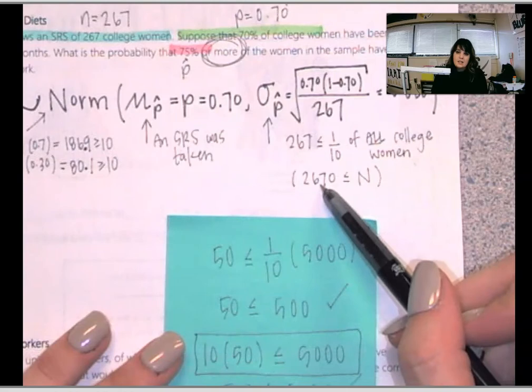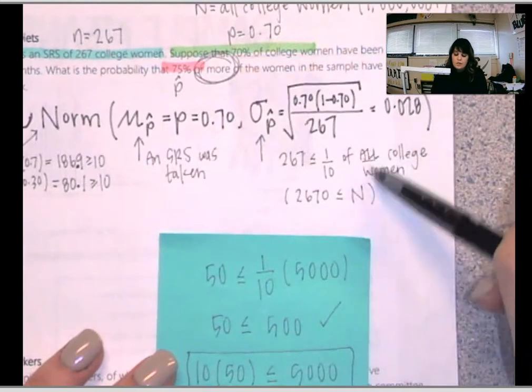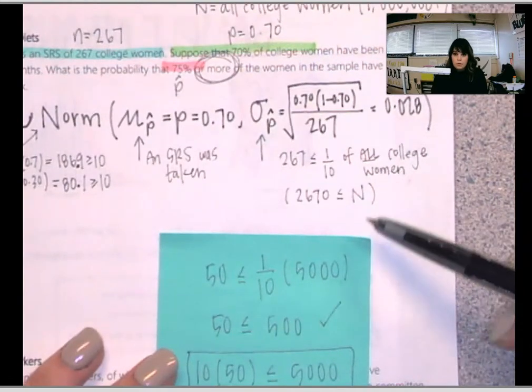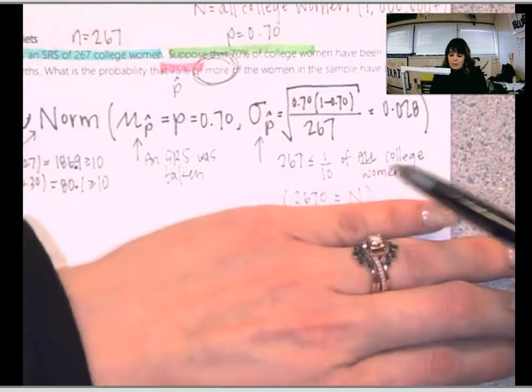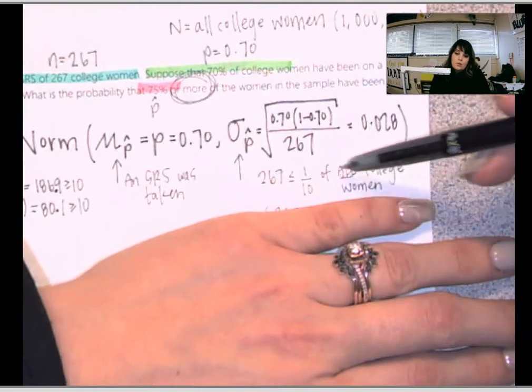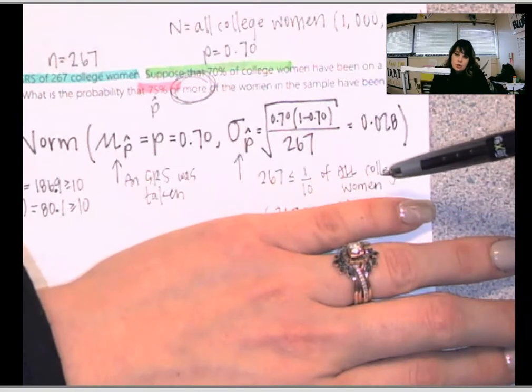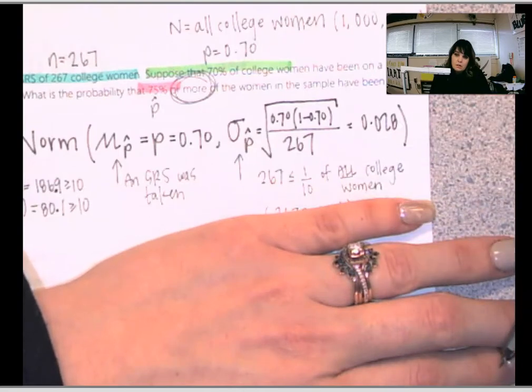Because I did this in my mind. You decide what works best for you. You could do one or the other or both. If using both of them confuses you, I personally think this way is the better way to go. And I think writing the population shows that you understand better than just writing capital N.